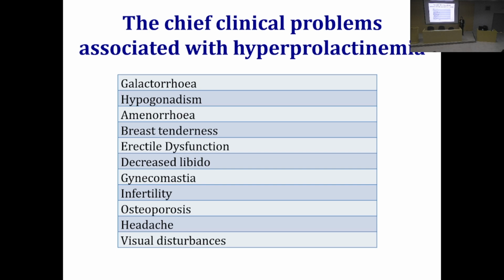So they may present with gynecomastia. Women, non-pregnant, non-lactating, may suddenly start producing milk, and that is known as galactorrhea. They may have hypogonadism. So prolactin is known to inhibit GnRH, so it will inhibit LH and FSH.